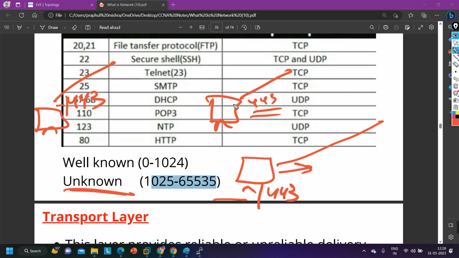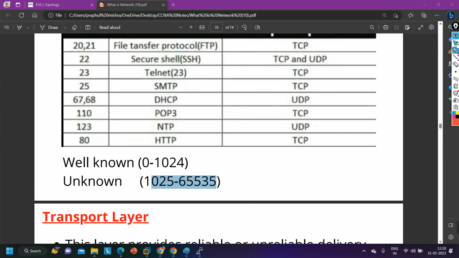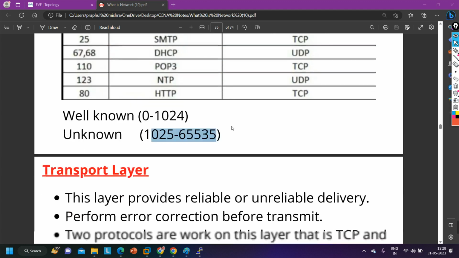That's why we said this is a reserved port number for Google. And the source port number will be a random port number. Maybe my computer is using 1025, your computer is using 1026, Abdul's computer is using 1027, anything. So this is not well defined. This is a random port number. Is it clear? Yes.